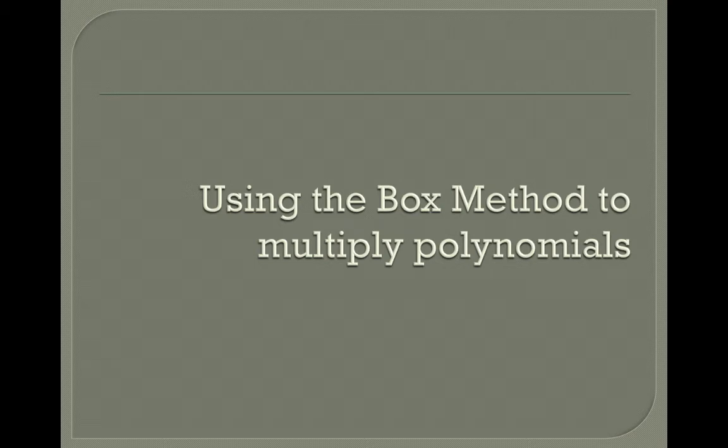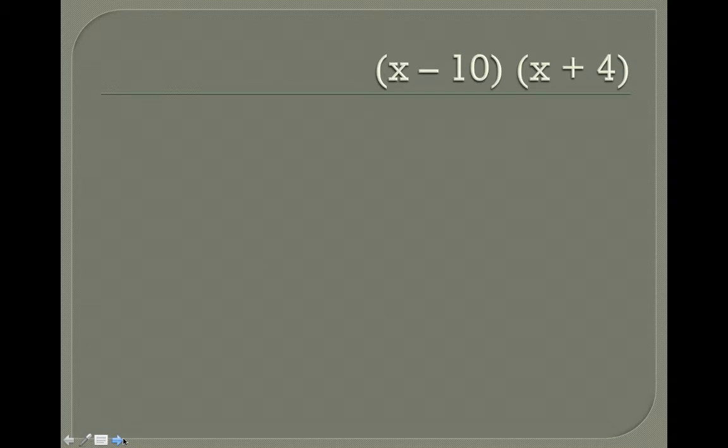So this is just an opportunity to get a little more practice and understanding of using the box method to multiply polynomials. So I'm going to show you an example of multiplying two binomials using the box method.